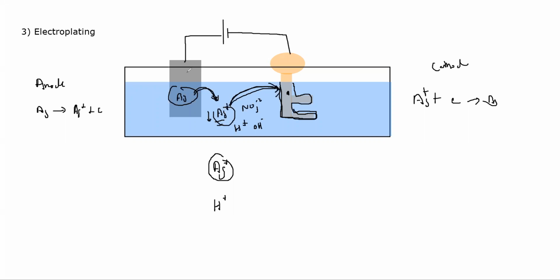So the size of the anode will decrease and the size of the cathode will increase. This is called electroplating. So whenever you want electroplating, you use a metal less reactive than hydrogen. The anode should be made up of that metal, and the electrolyte should also be a salt of that metal. Is it clear?